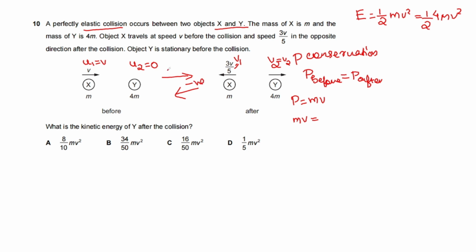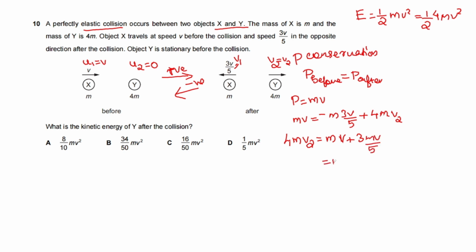Movement to the right side is considered positive, so to the left would be negative. So minus m times 3v over 5 plus 4m times the velocity v2. Okay, so 4mv2 would be equal to mv plus 3mv over 5.